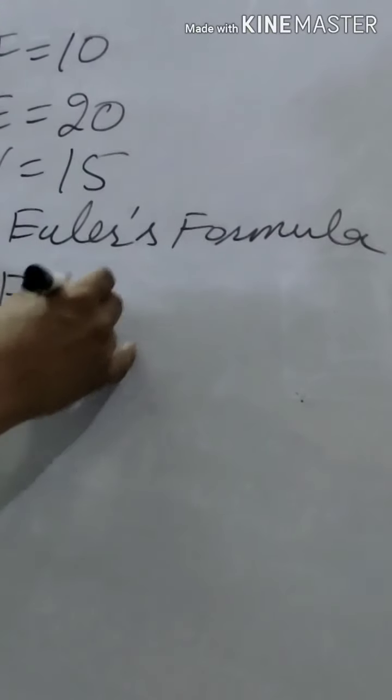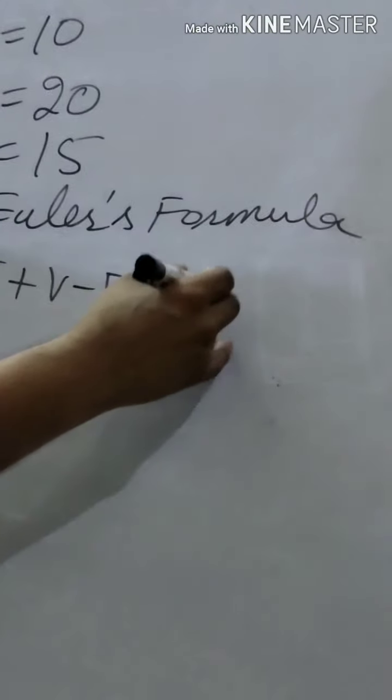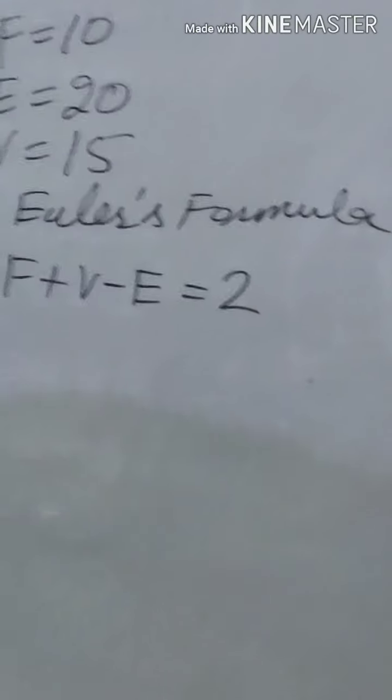You must know the formula. Faces plus vertices minus edges is equal to 2. You put in the values. Faces are 10, vertices 15, edges 20. So 10 plus 15 minus 20 is equal to 2. 25 minus 20 is 5, and then 2.